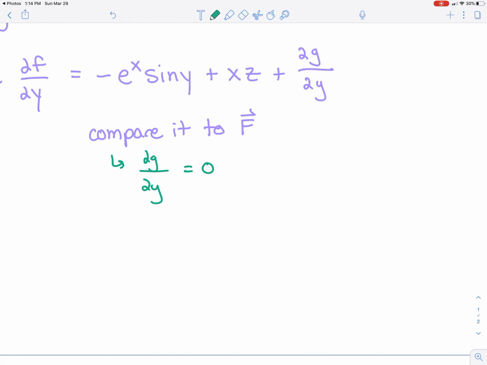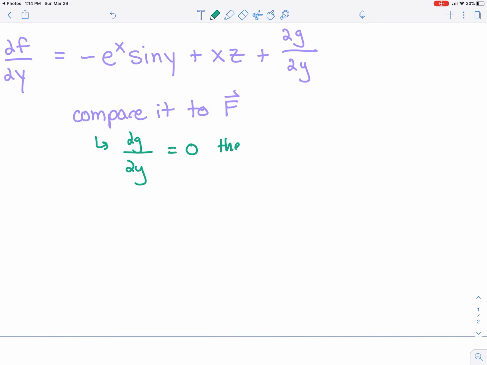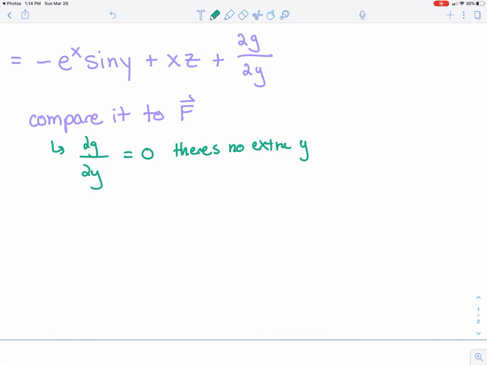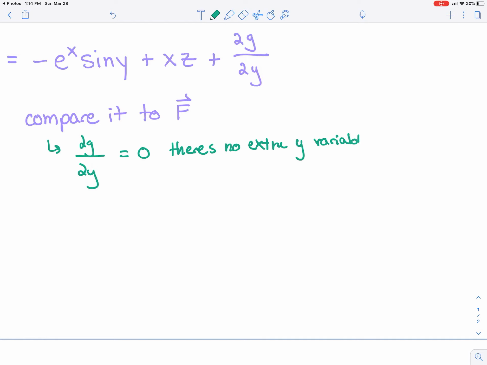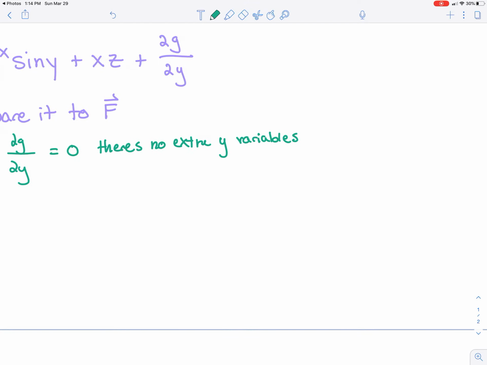Okay, so that's pretty good. So we know that there are no y components. There are no extra y variables in that constant we added at the end in g.